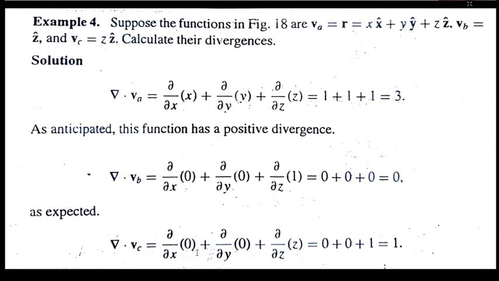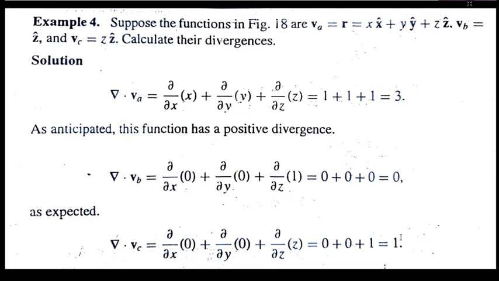If you take the derivative of that, naturally x and y are missing, so there is a 0. Naturally the product of the first step and second step will vanish, so that is 0. And over here I can write del by del z of z, so that is equal to 1, positive 1. So again the Vc vector also has a positive divergence.